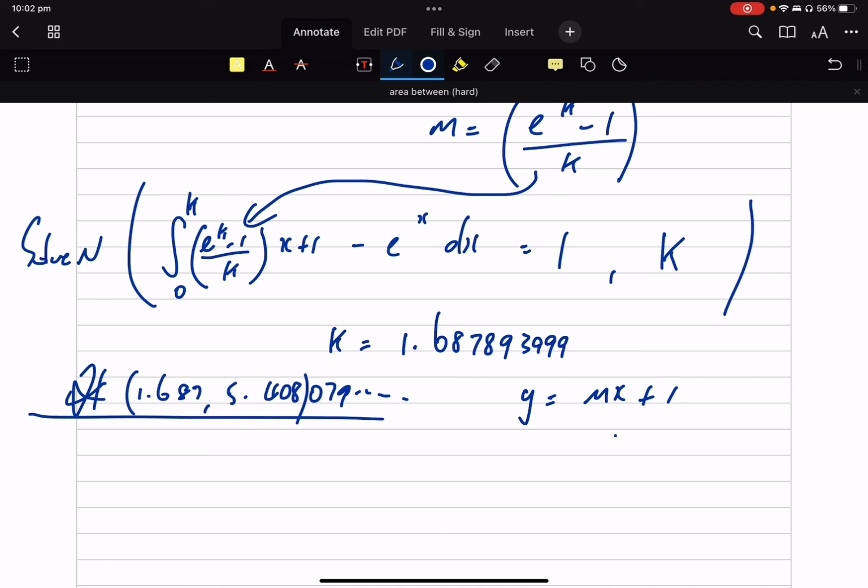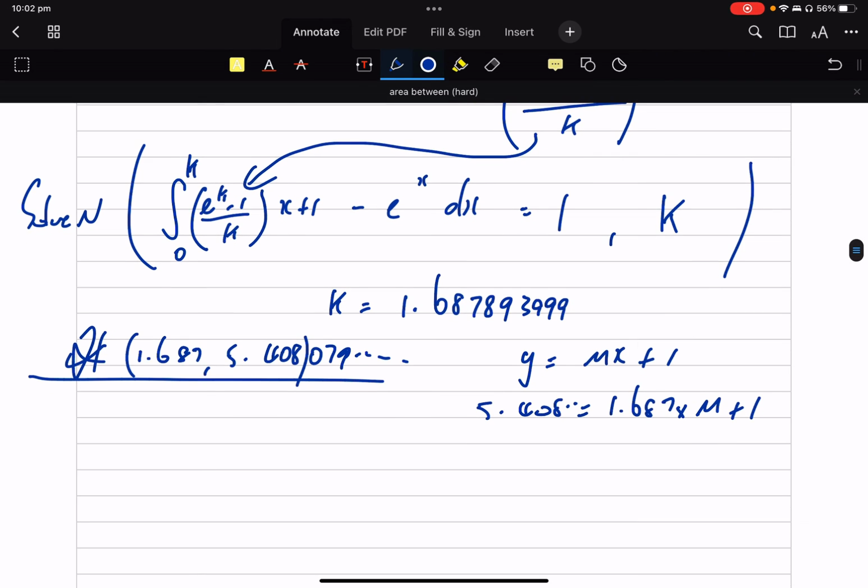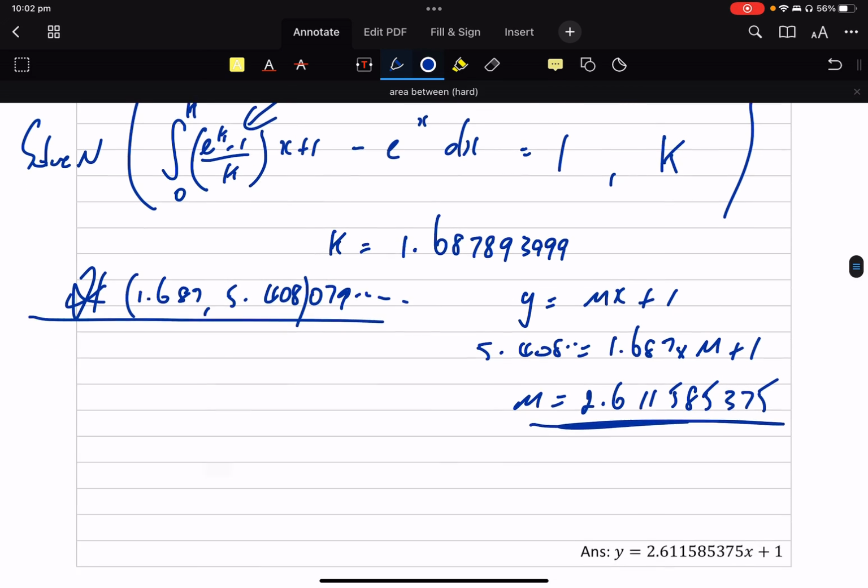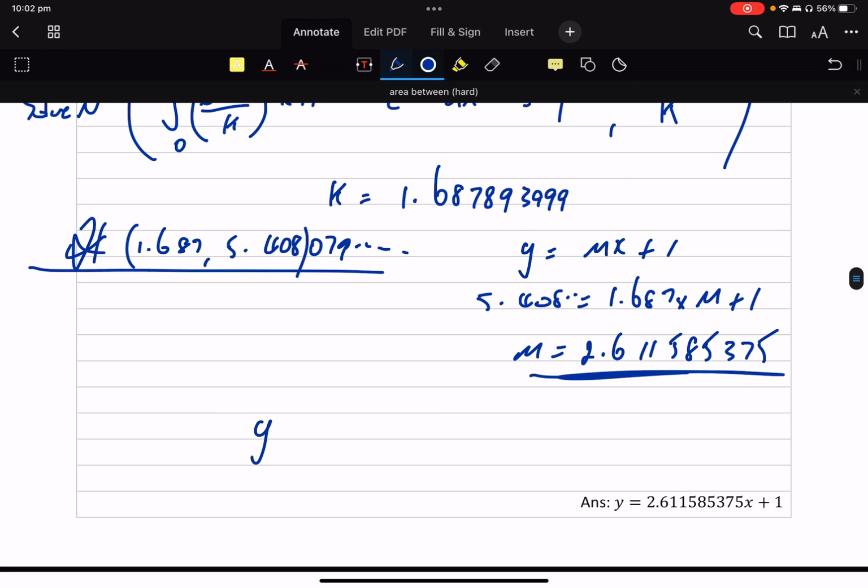So when x is 1.687, y is 5.408, etc., as many decimal points as I can, and I'm going to get m equals 2.611. And that's our m for the function. So we get this y equals 2.611585 x plus 1.